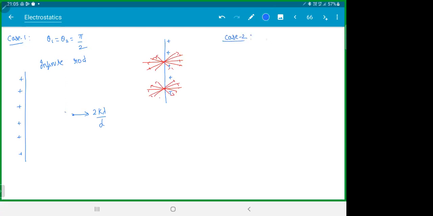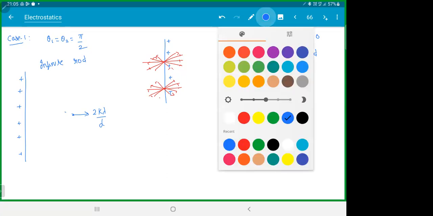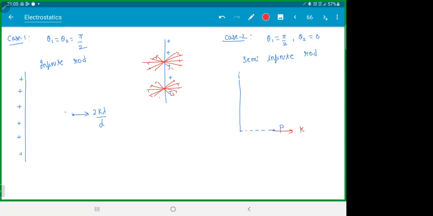Case 2: if theta 1 is 90 and theta 2 is 0, we get a semi-infinite rod. Meaning one end you can see, the other end you can't see, it goes to infinity. In this case, the formula will be k lambda by d this way and k lambda by d this way.